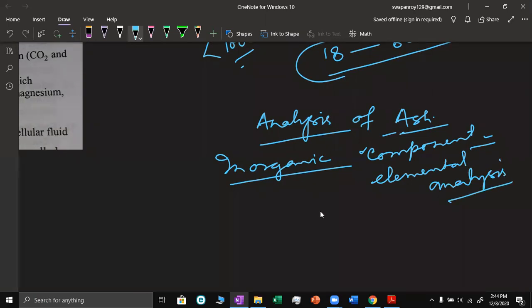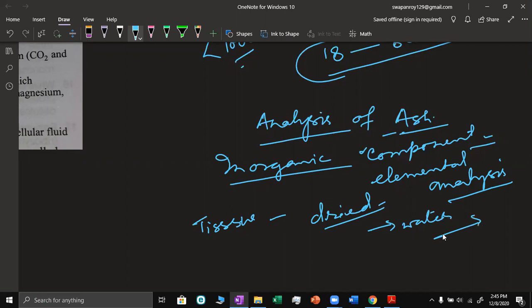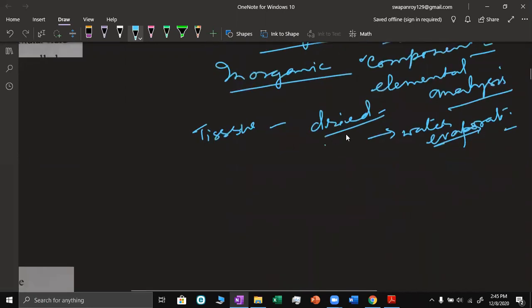Here the tissue is first dried. When it is dried, the water will evaporate. So this will be dry, and after that it is burnt.